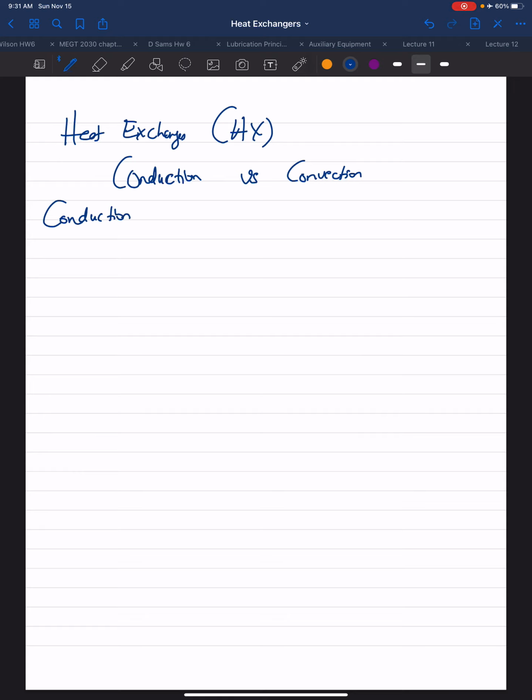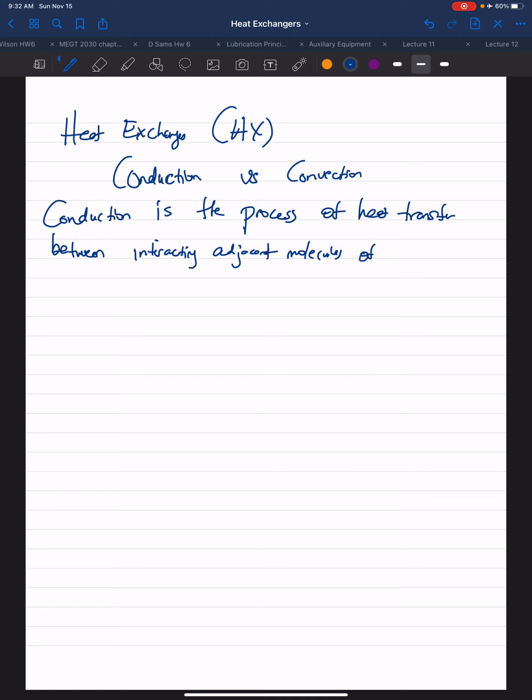Conduction is the process of heat transfer between interacting adjacent molecules of the material through which the heat is being transferred. So it's like a physical touching.